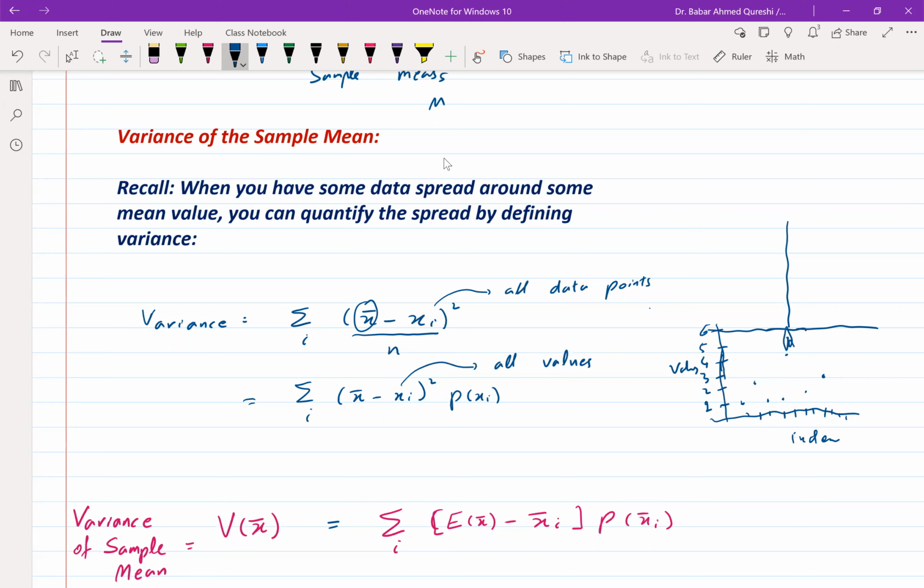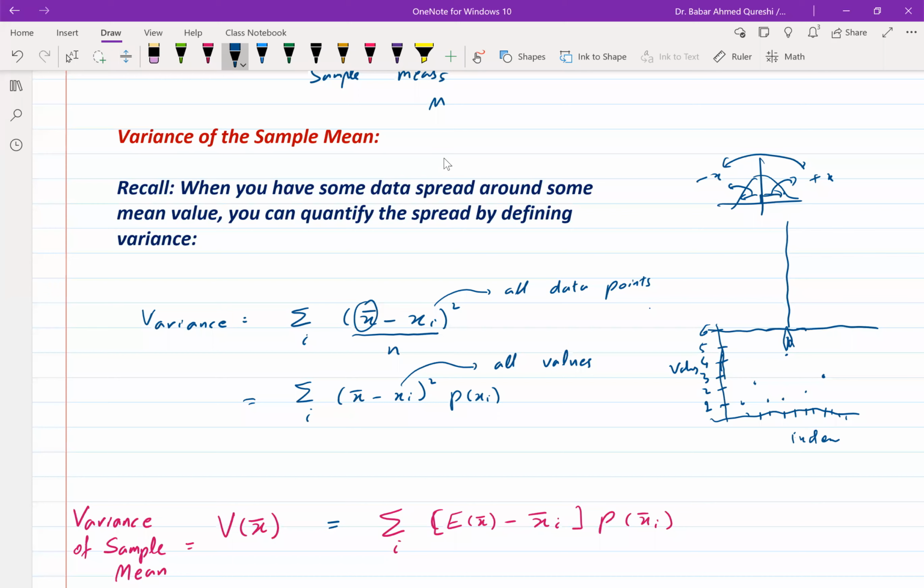You want to square it because you don't want that if you have data distributed here and some data distributed here, you take this number, subtract from the mean, you get some positive x, but this will give you a negative x, and they will add up to 0 if you compute the average of this quantity. So you don't want that to happen.